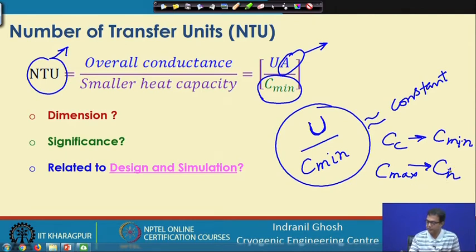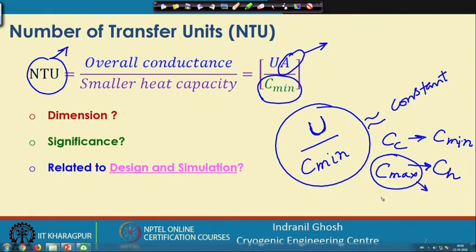In that case, this C C will be in the denominator, but the other one, C max, is also controlling the overall heat transfer coefficient, because that 1 by U A is related to 1 by H H A H plus 1 by H C A C.